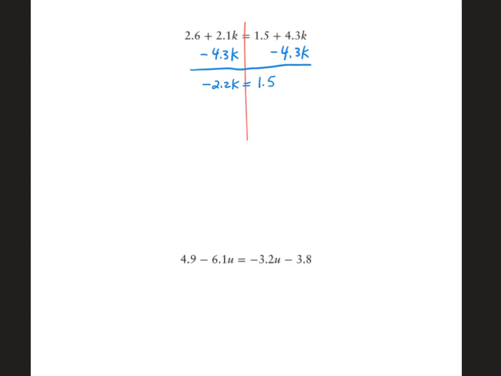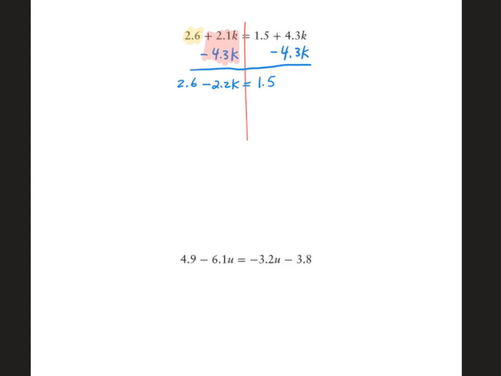Now, this 2.6 is still here. It's positive, and we can't forget about it. So we just put it essentially in front of the minus 2.2k.